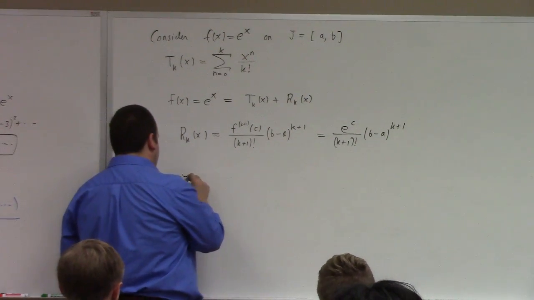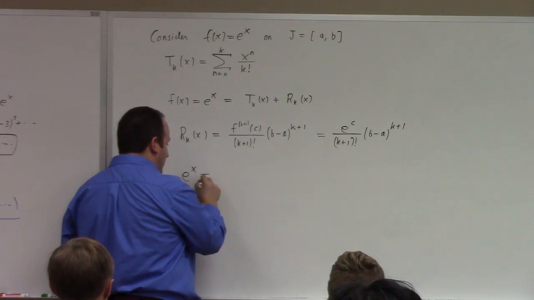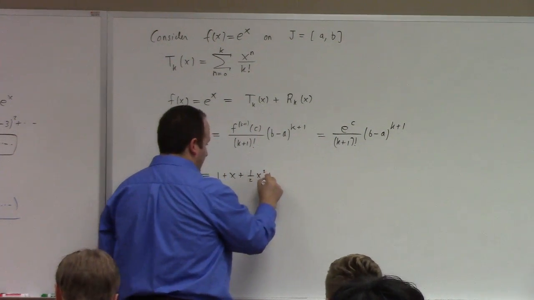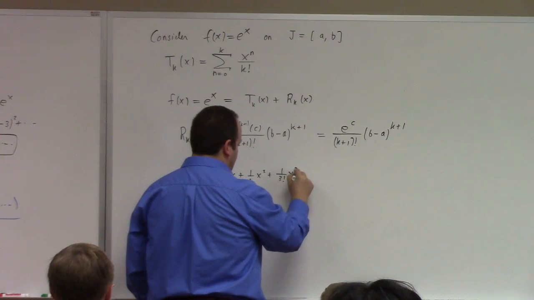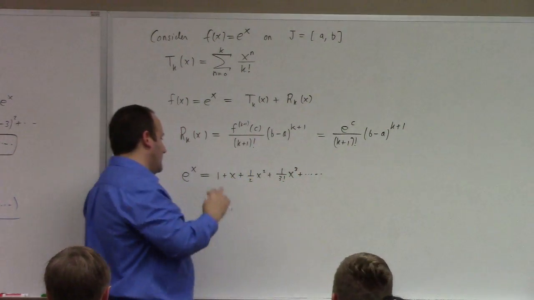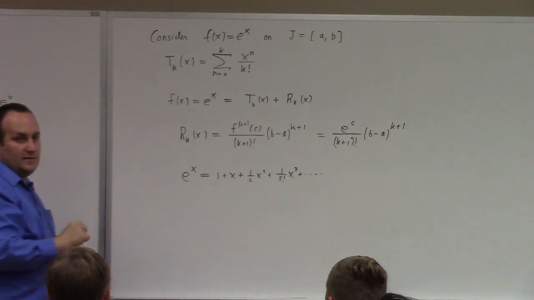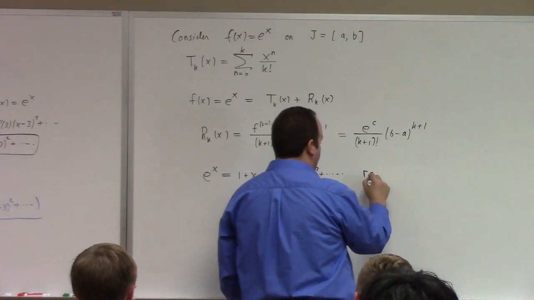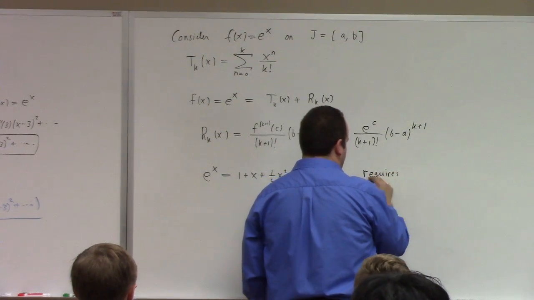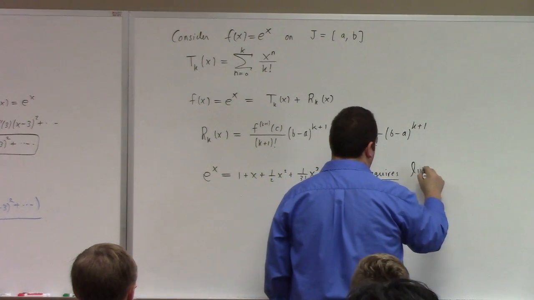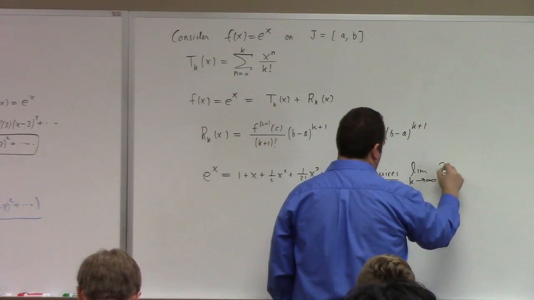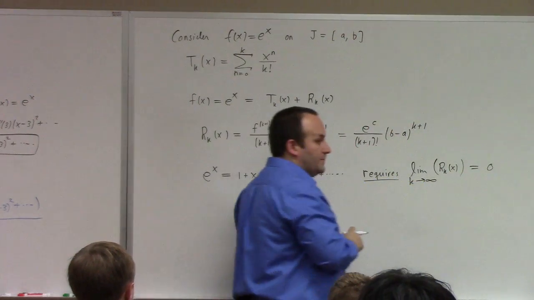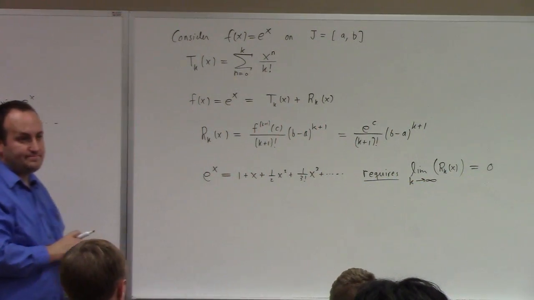In order for me to say e to the x is actually equal to 1 plus x plus 1/2 x squared plus 1 over 3 factorial x cubed plus dot dot dot, in order for me to make that an equality, this requires that the limit as k goes to infinity of R_k of x is equal to 0 for any x.